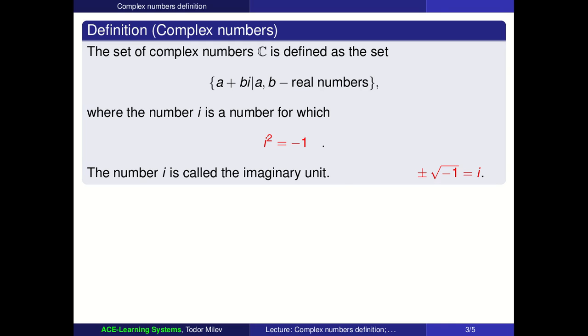Now, by the definition of the radical function, radical of -1 is exactly equal to i. So of the two possible choices for radical of -1, we are choosing radical of -1 to be equal to i rather than -i. Alright, so that covers the basic algebra, the basic definition of complex numbers.